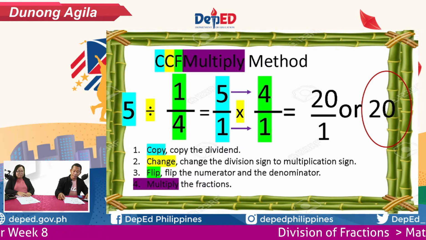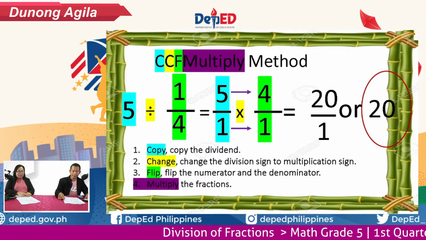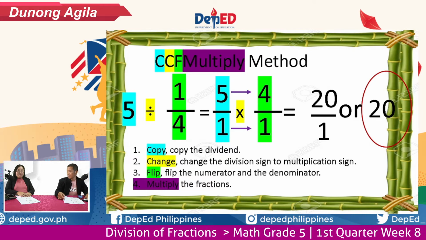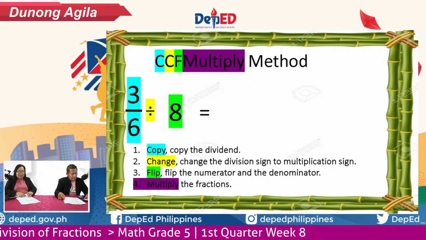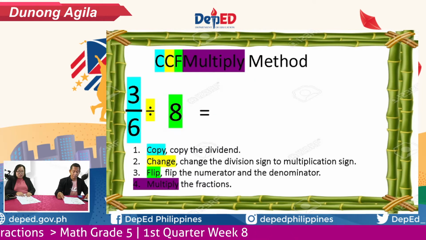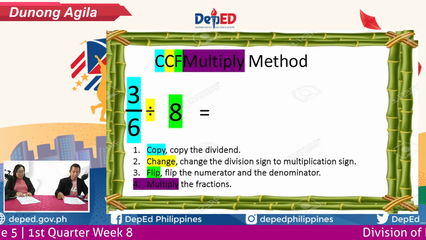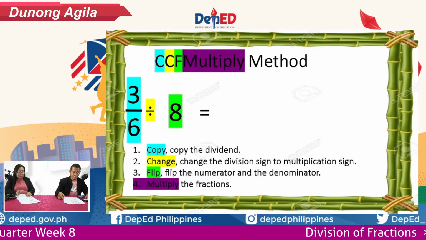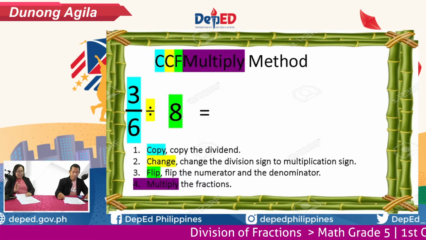How about if we divide a fraction by a whole number? Will our CCF multiply method still be applicable there? Yes, Sir Rod. On the screen, an example of a fraction divided by a whole number. We have there 3/6. Applying the steps, copy, change, and flip, multiply, copy the dividend first, which is 3/6.